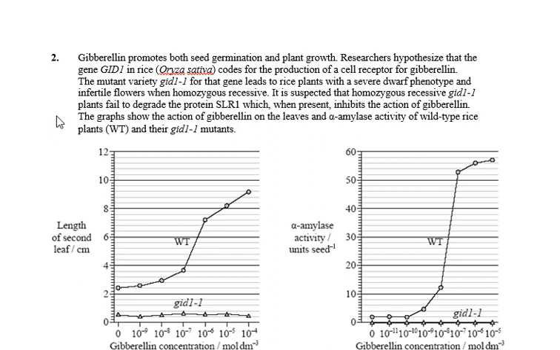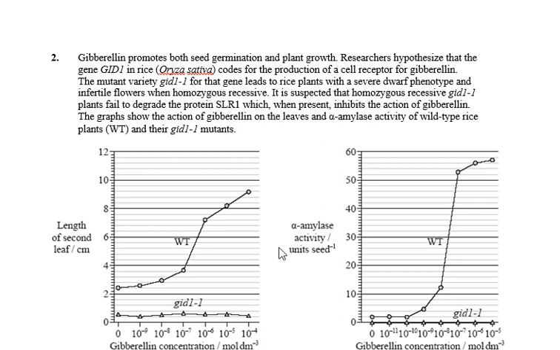Okay, so there's a lot of terminology and information in that. You've really got to try and interpret the language. First of all, it's telling us that plants that have the mutant gene GID1-1 are going to have a dwarf phenotype and infertile flowers if they're homozygous recessive for GID1-1.